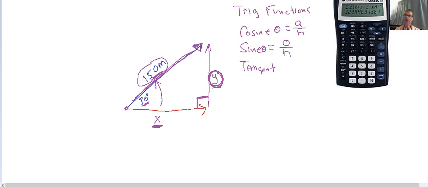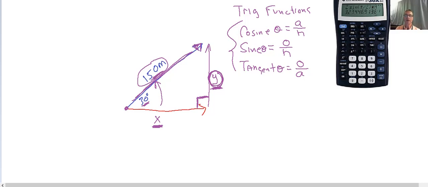The tangent of the angle theta is equal to the opposite side divided by the adjacent side. So the opposite side in this case would be y, the adjacent side would be x. Depending on which side of the triangle you have information on, you can use one of the three functions, or two of the three functions, to find out what the values of the other sides are.